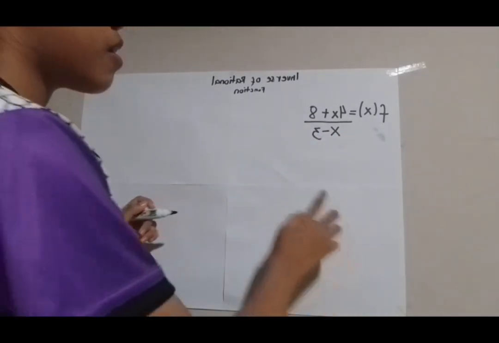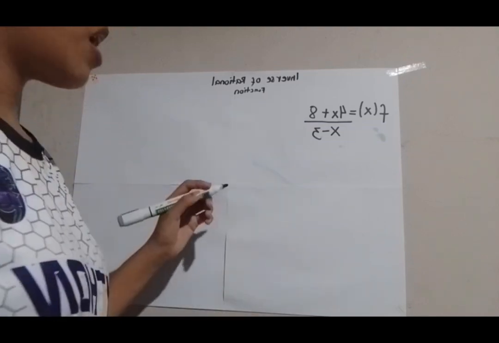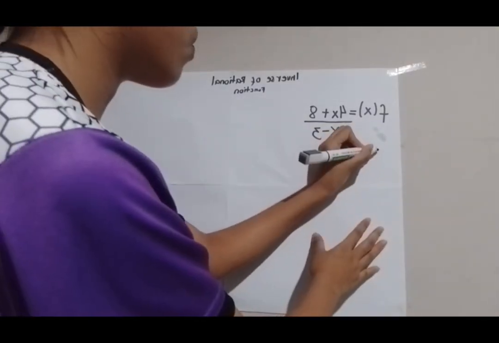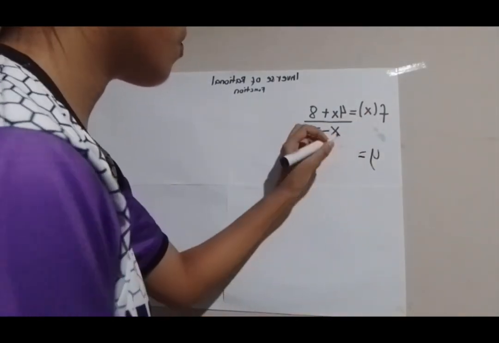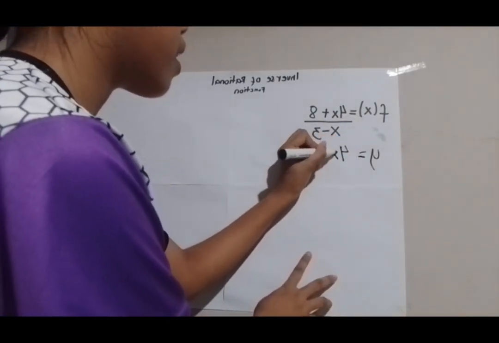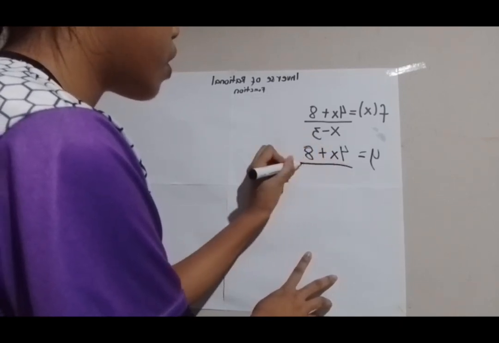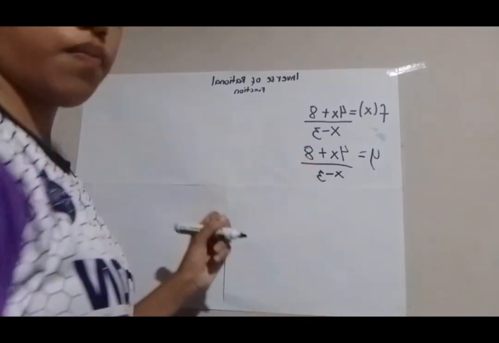The first step is to change f of x to y. So f of x equals y equals (4x plus 8) all over (x minus 3).